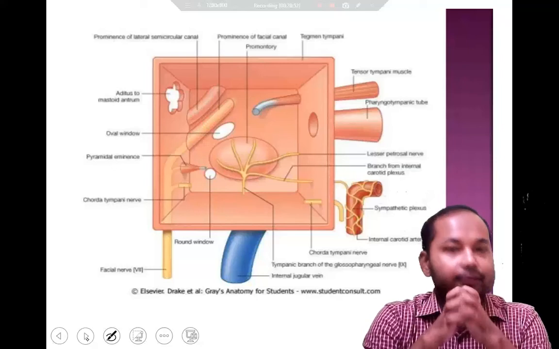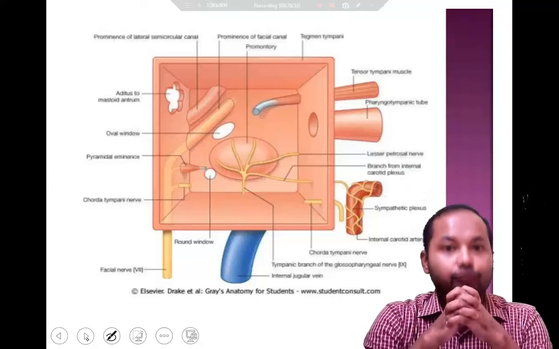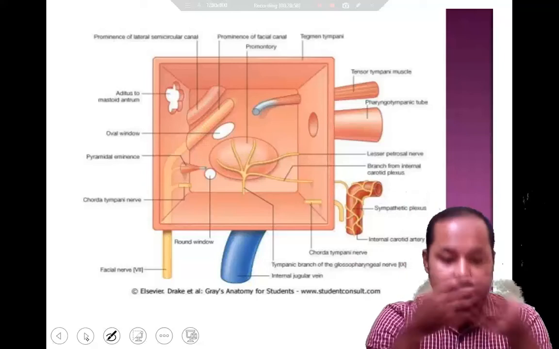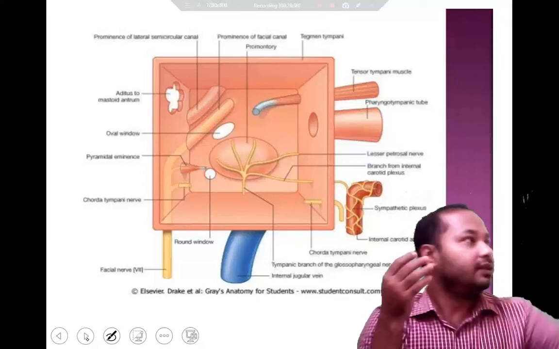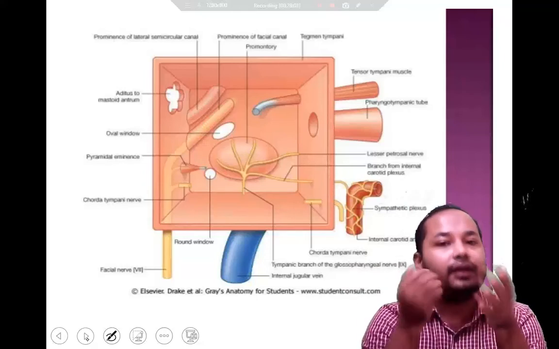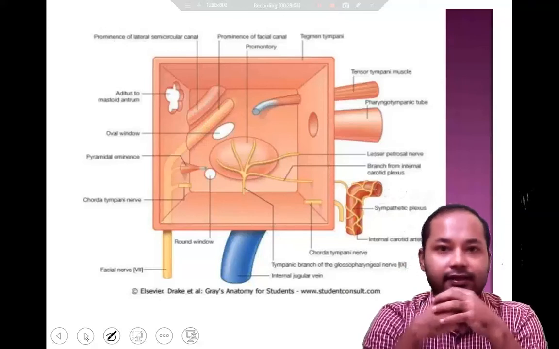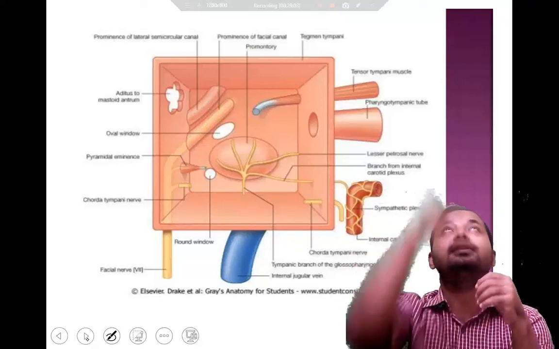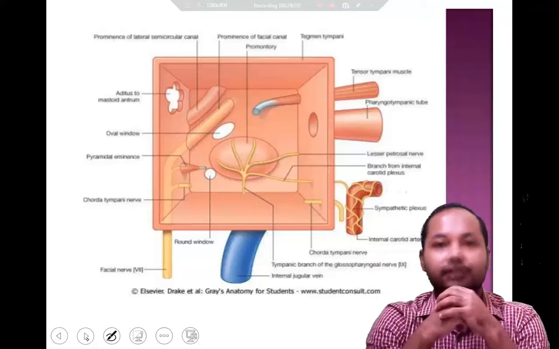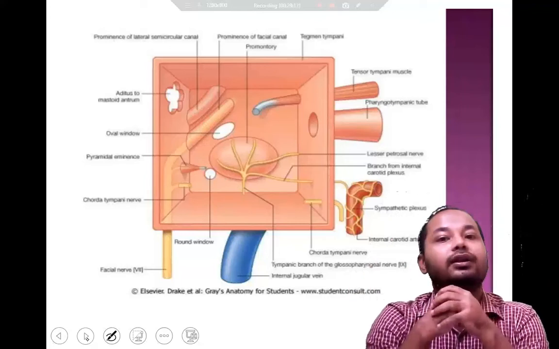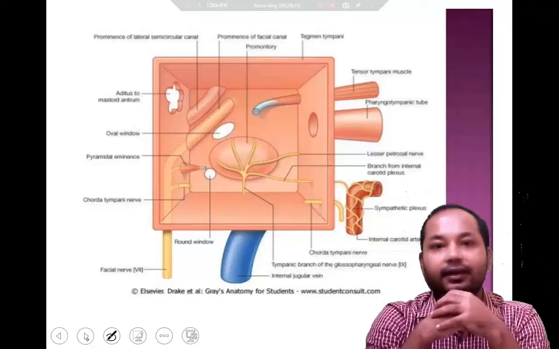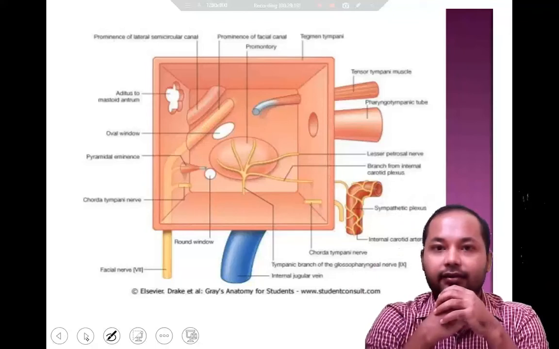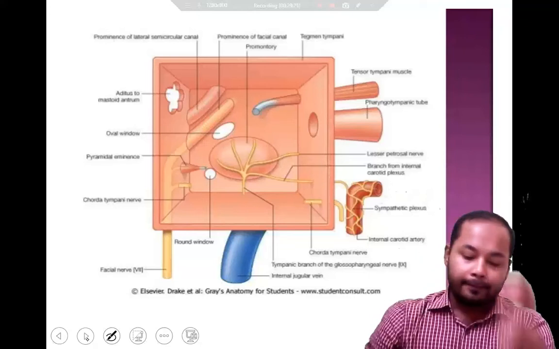The things of the middle ear which you ought to know are what is there in the roof, what is there in the floor, and what is there in the walls. In a cube you have 6 surfaces: 4 walls, plus a roof, 5, and a floor, 6. Let us look at what is present on the surfaces of the middle ear.